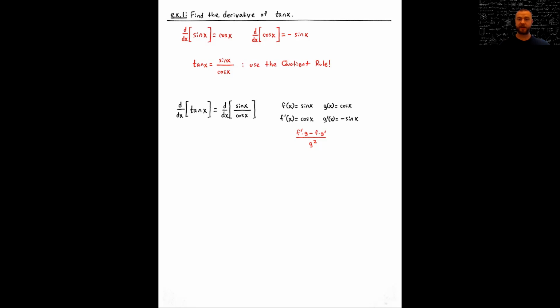So if we apply divide and conquer, the numerator f is sine of x, the denominator g is cosine of x, and the respective derivatives are f prime, cosine of x, and g prime, negative sine of x.